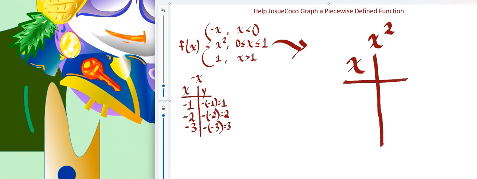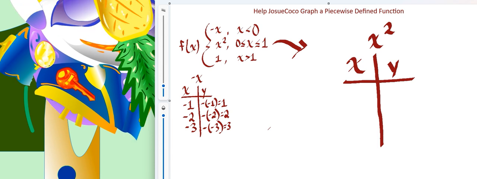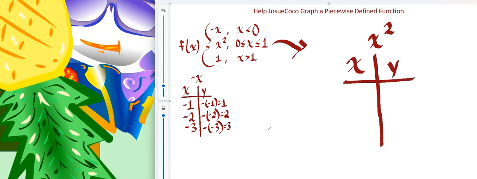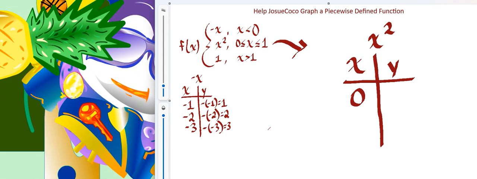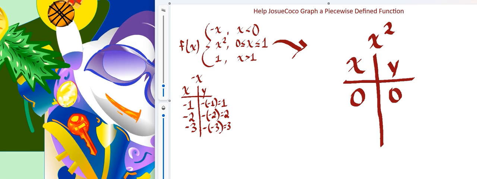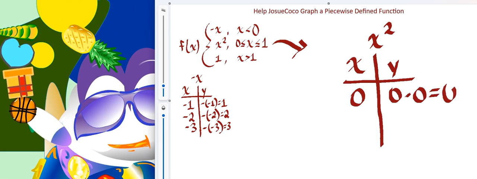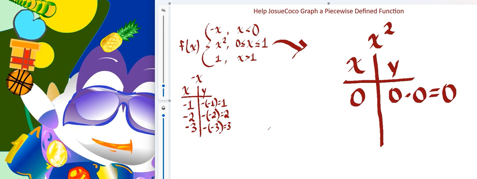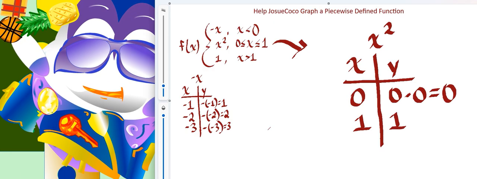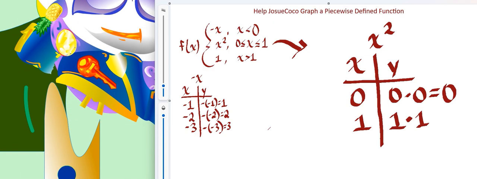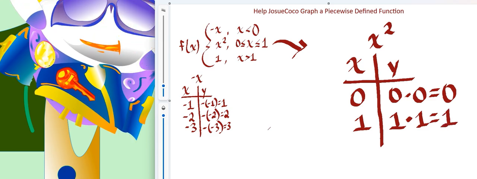Notice how the values will only be 0 and 1 here. When x equals 0, y equals 0 times 0, which results in a product of 0. Next, when x equals 1, y equals 1 times 1, producing a 1.